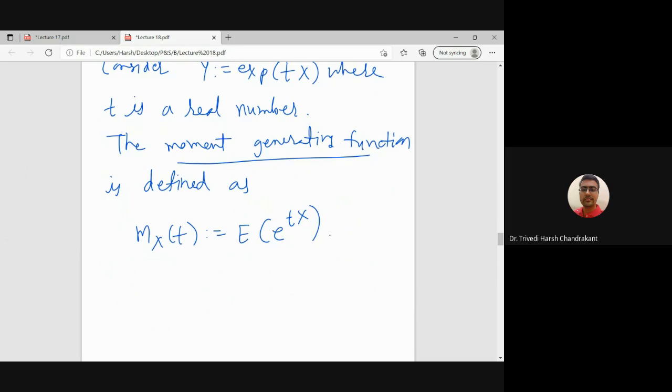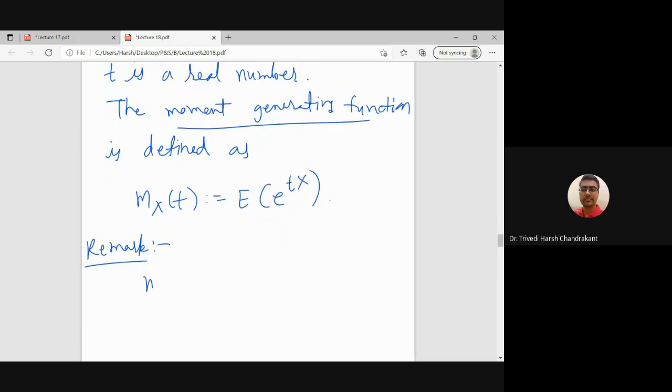So by definition it will be equal to what? What will be the discrete case? Summation of g(x) f(x). What is g(x) here? The function g(x) is e power tx.